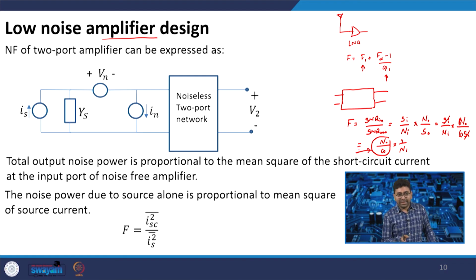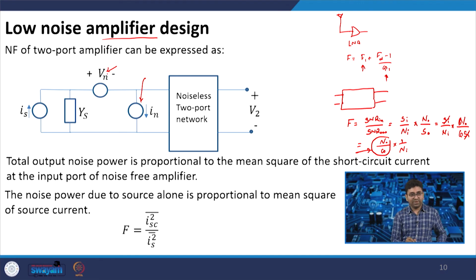So, when you bring the output noise to the input side, you can represent it as a noise current In, or you can also represent it as a noise voltage Vn. That equivalent noise current at the input side is called the input referred noise current In.